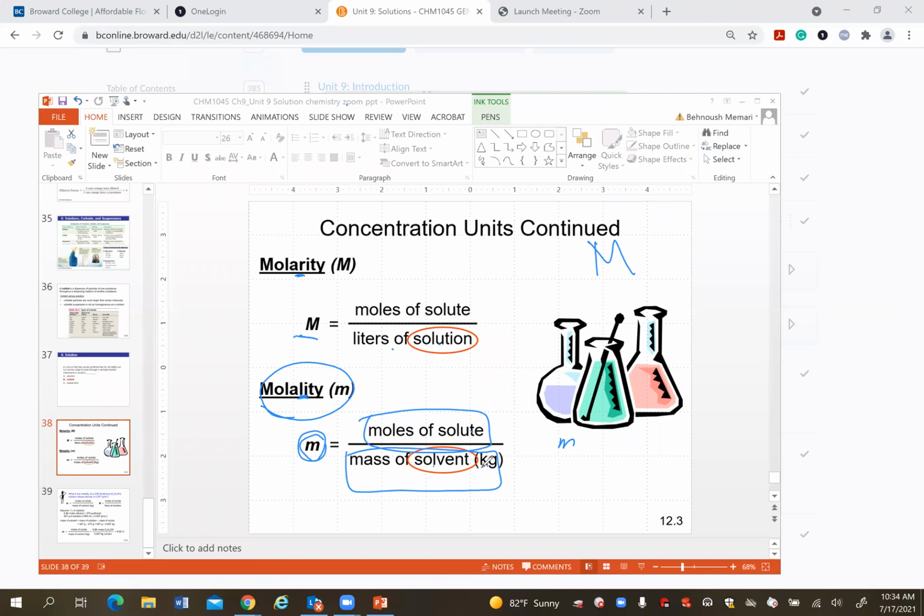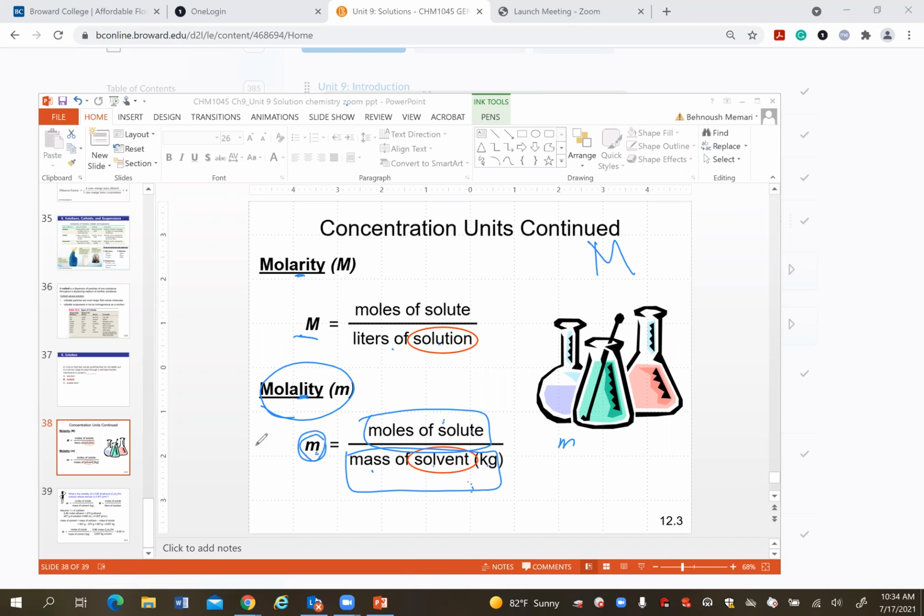So how much of the solvent was used? If you use this formula, you need the mass of the solvent, and you need the moles of the solute.